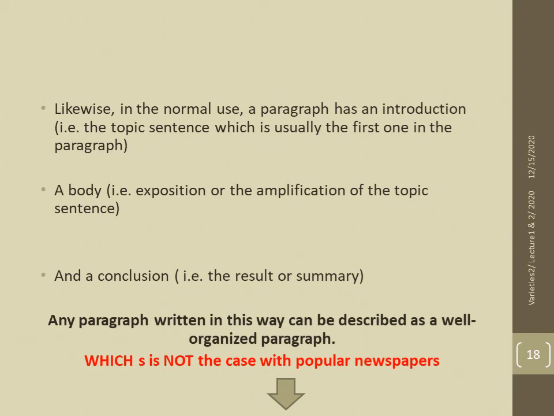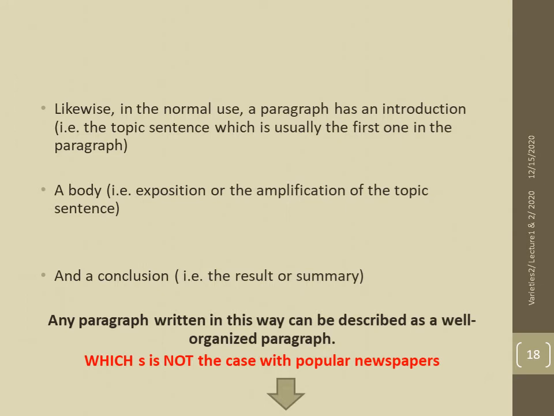Likewise, in normal use, a paragraph has an introduction, the topic sentence, which is usually the first one in the paragraph, and every paragraph has a body of supporting or amplificatory sentences, and a concluding sentence where we have a summary or a conclusion.